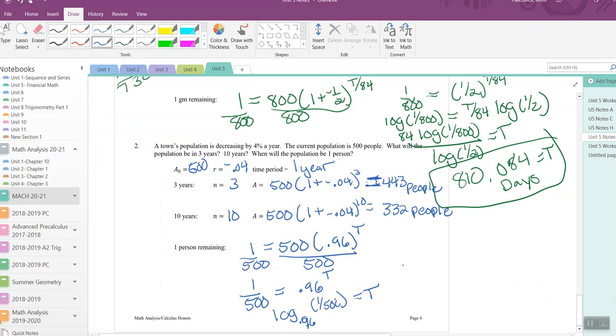What I mean by that is if you took the log of both sides, you could go log 1 over 500 divided by log 0.96. So either way, you'd get t.